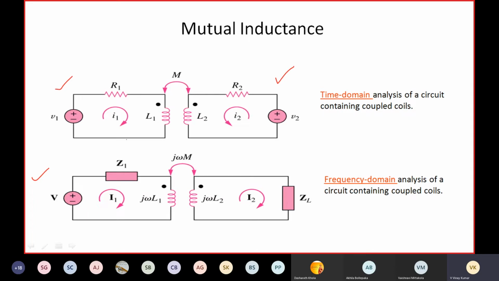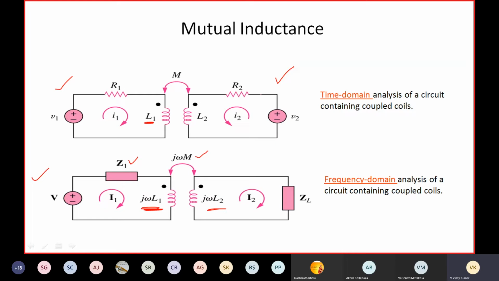This inductance is replaced by impedance. So j omega L1, this will be j omega M, this will be j omega L2. ZL: you can also connect a load.